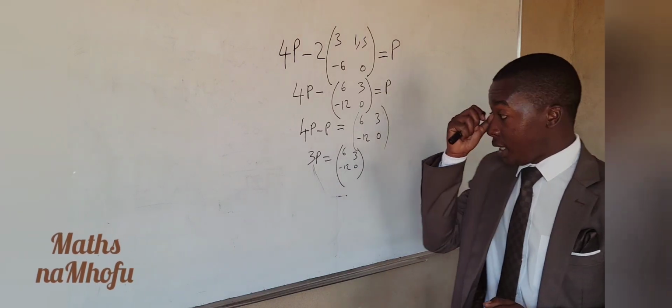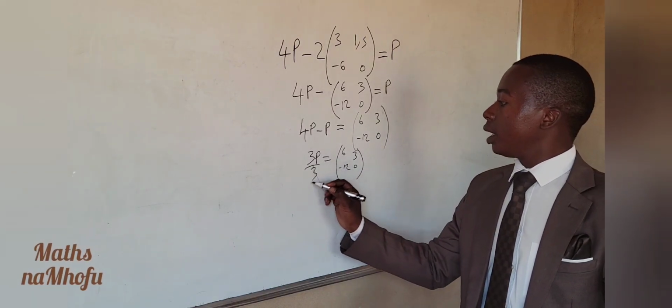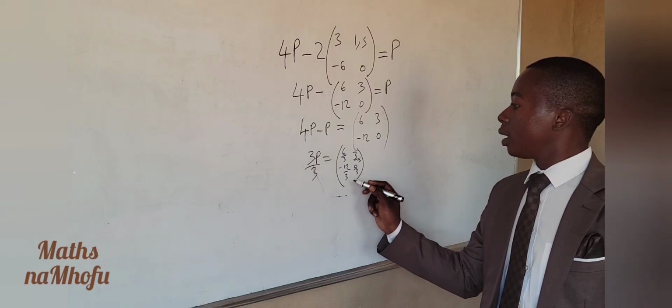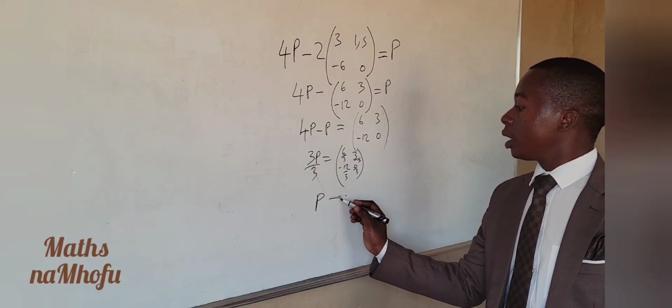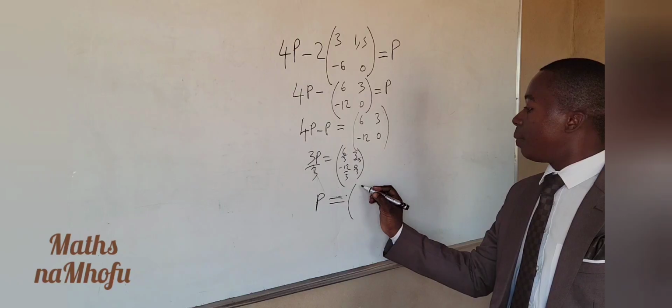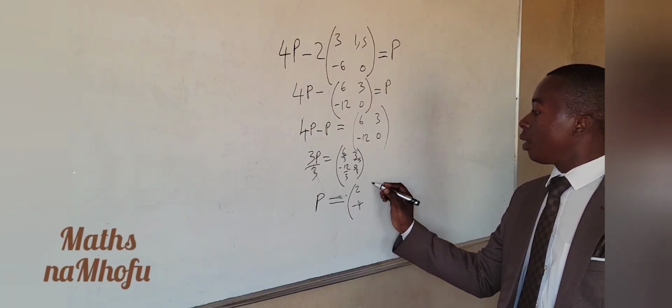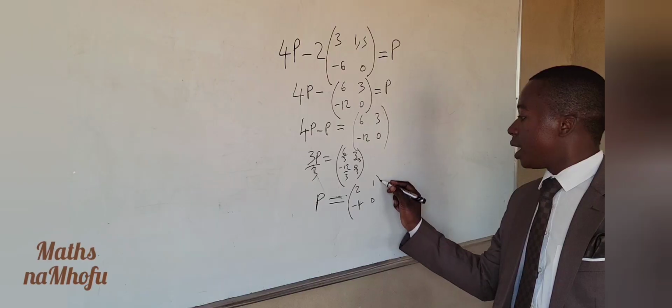So if we divide this by 3, and everything here by 3, you remain with p equals 6 divided by 3, that's a 2, right? And here, that's a negative 4, 1, and 0. This is our answer: 2, 1, negative 4, and lastly, 0.